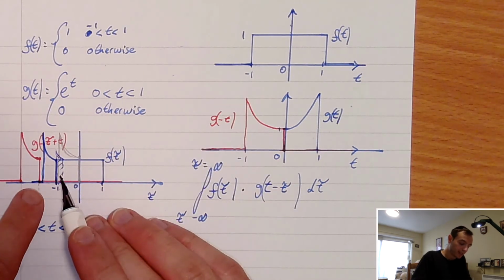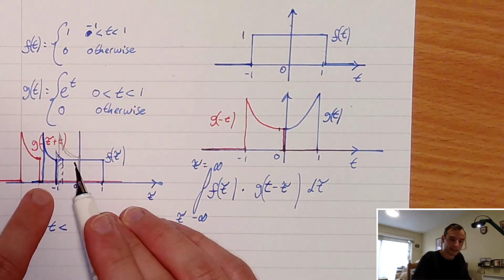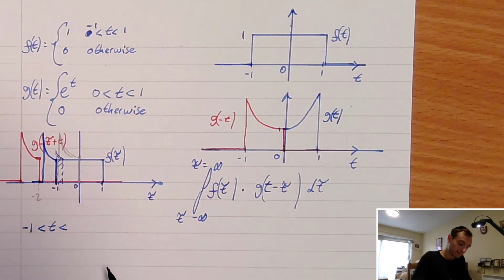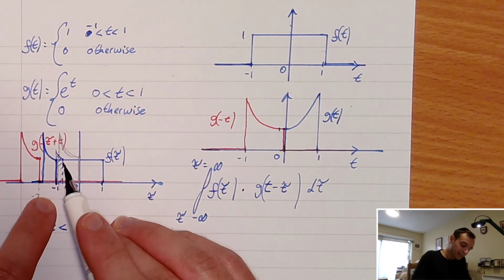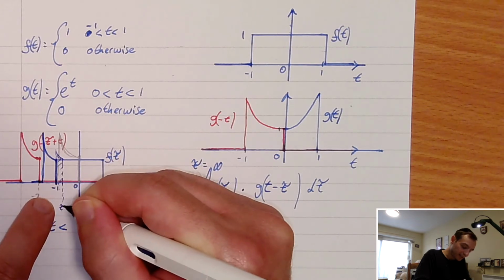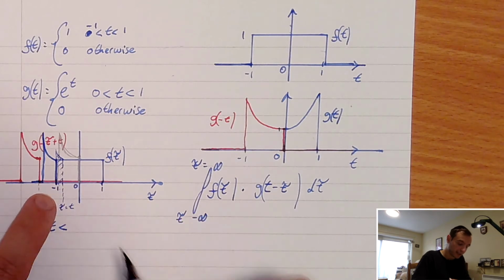And what we're going to do is that if you can visualize this function here, g of minus tau plus t, moving to the right-hand side, that area of overlap is going to get bigger and bigger and bigger. And the integration product is going to be between whatever value of tau is, which is going to be t, as t gets larger and larger, and minus 1.